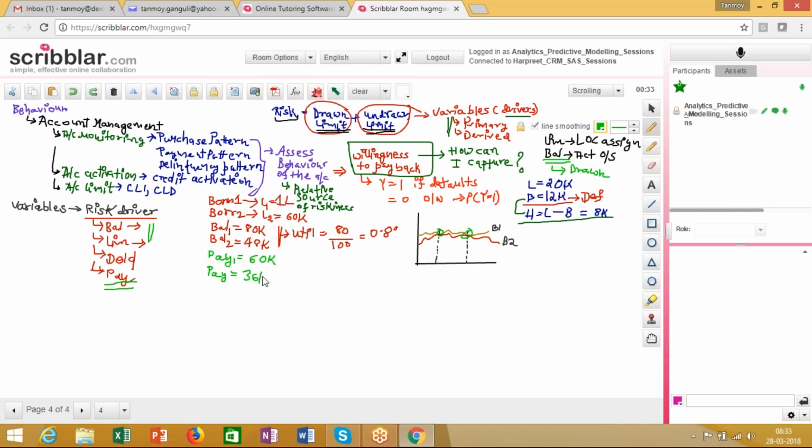Does this always mean that this borrower is a lower risk customer? To understand that, we need to look into something called the payment balance ratio, or the average payment balance ratio.